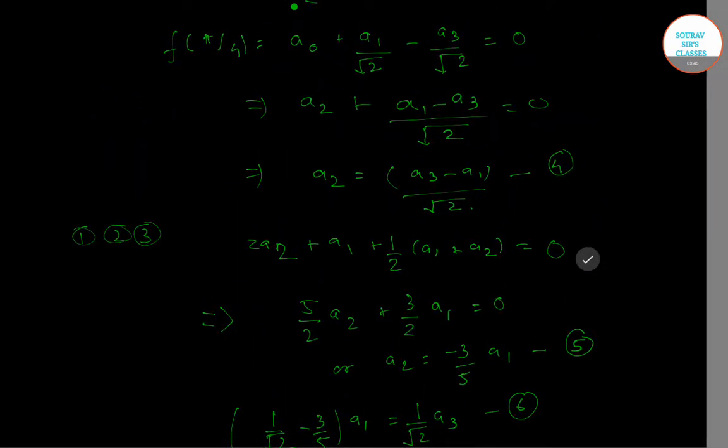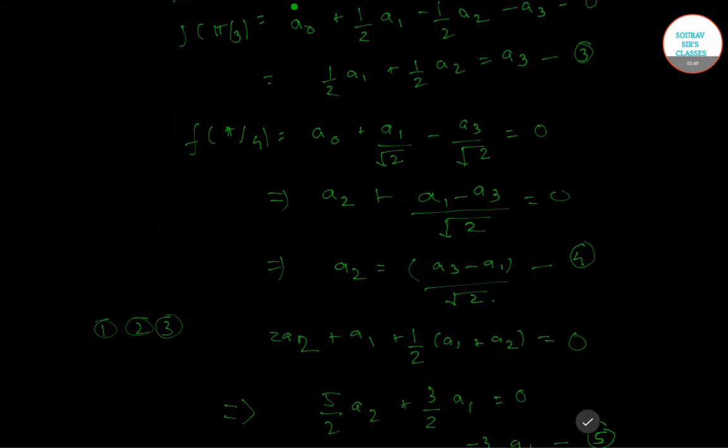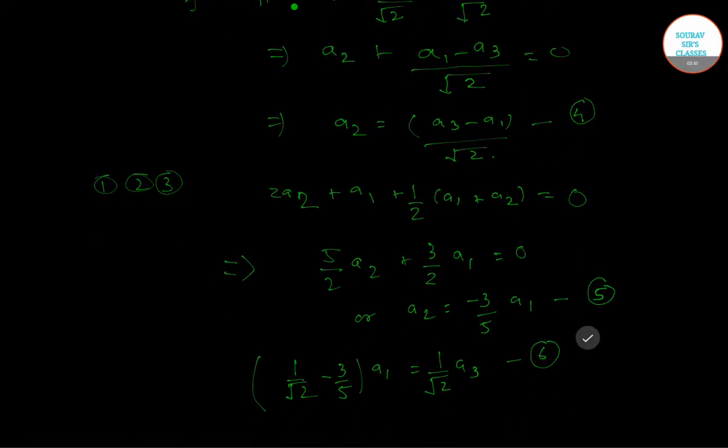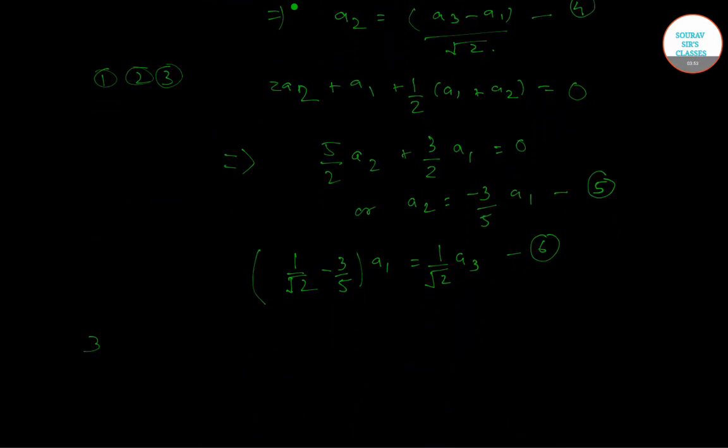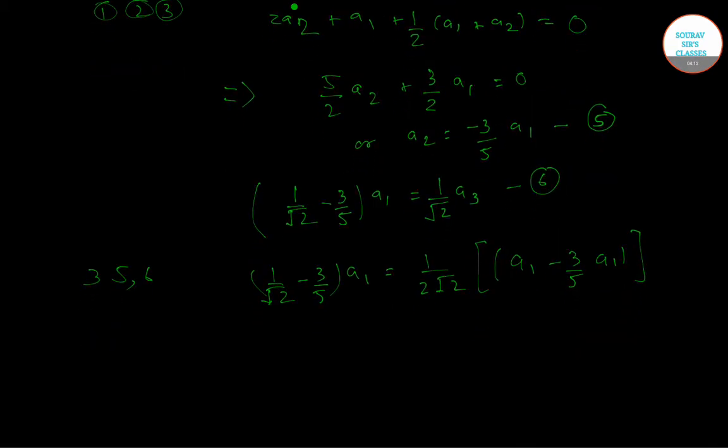So from equation number 3, 5 and 6, we get 1 by root 2 minus 3 by 5 a1 is equals to 1 by 2 root 2 into a1 minus 3 by 5 a1. This is equals to 1 by 2 root 2 into 2 by 5 a1, which is equals to 1 by root 2 into 5 a1.